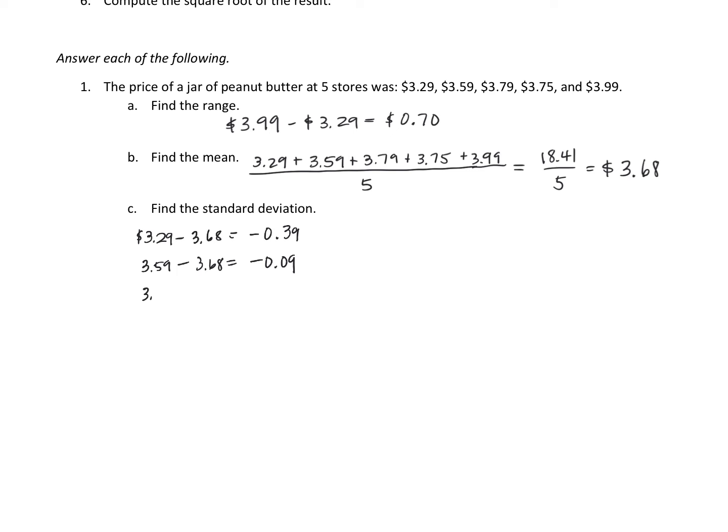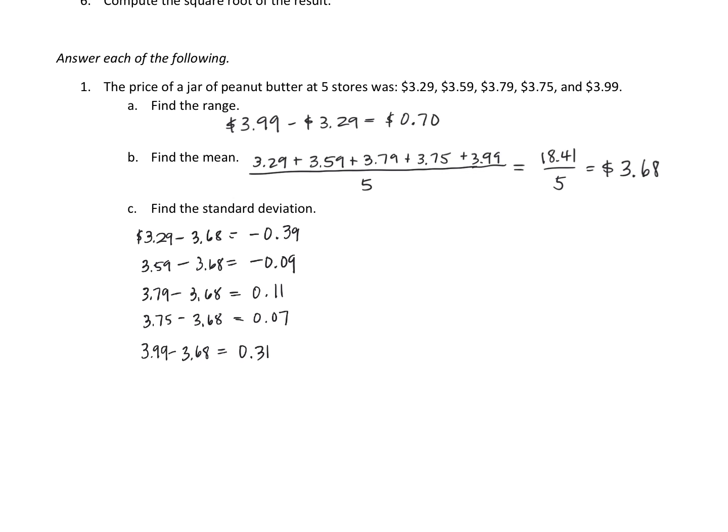Then we have $3.79 minus $3.68, and we get 11 cents. Then we have $3.75 minus $3.68, and we get 7 cents. And then we have $3.99 minus $3.68, and we get 31 cents.